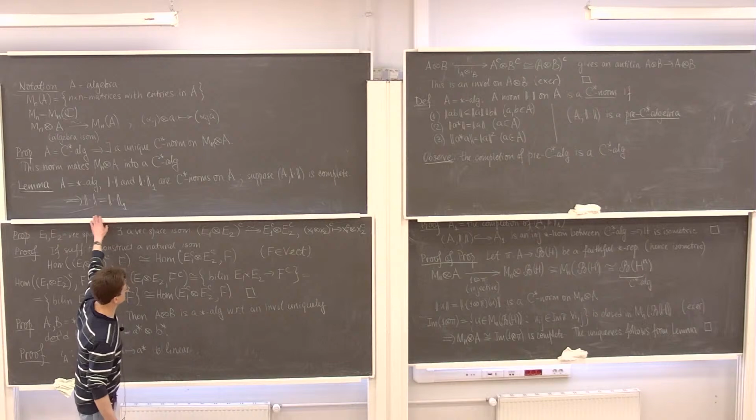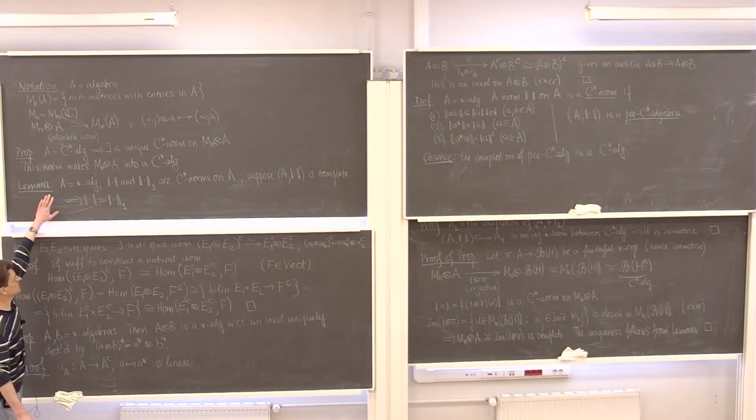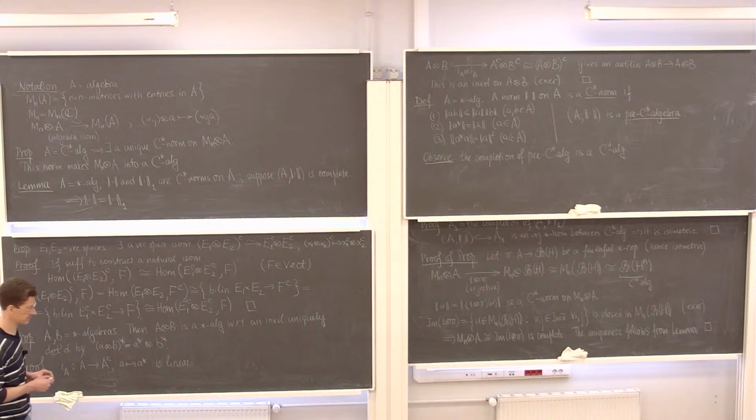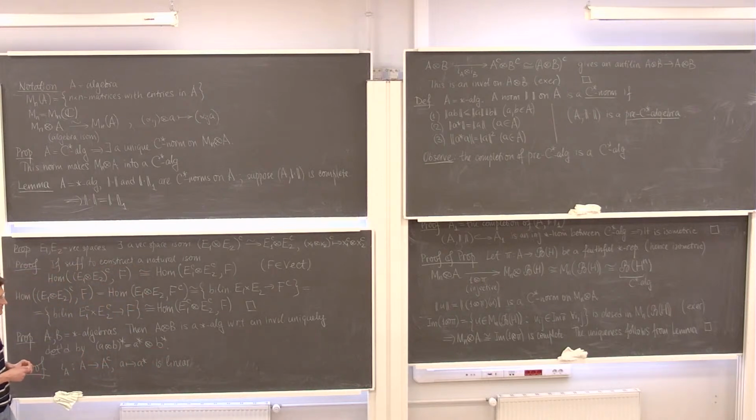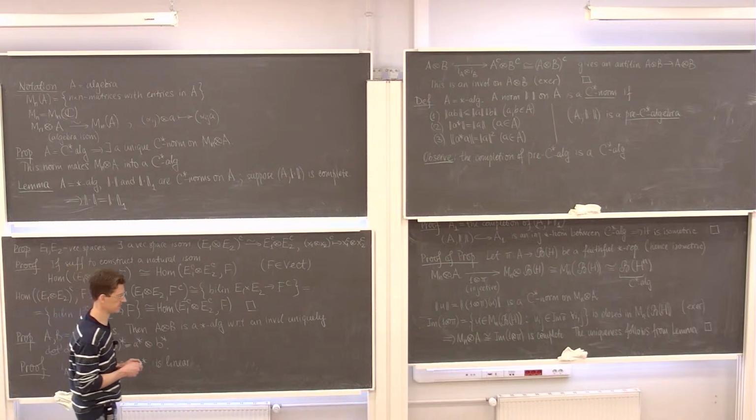I'd like to stress that in general we cannot drop the completeness assumption in the lemma. In other words, if you have an arbitrary star algebra A, then there can be many non-equivalent C-star norms on A. And this fact leads to numerous interesting phenomena and complications in the theory of tensor products of C-star algebras.